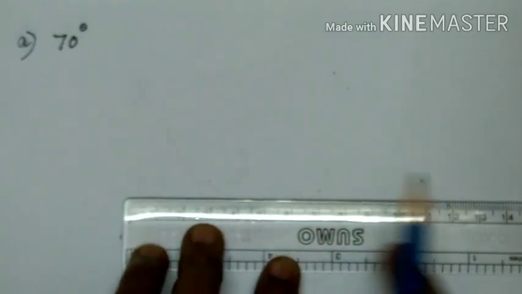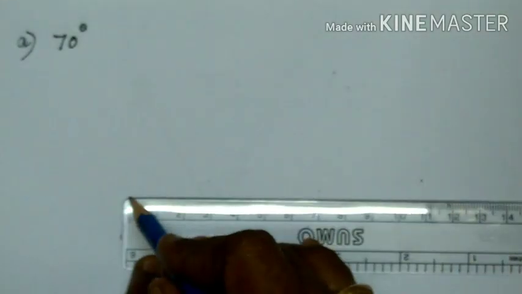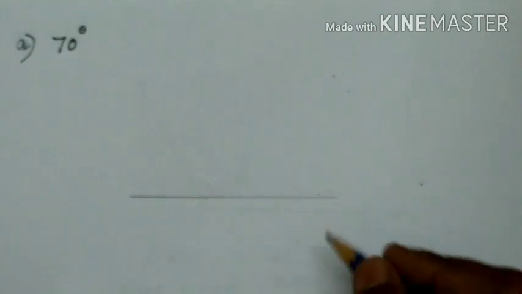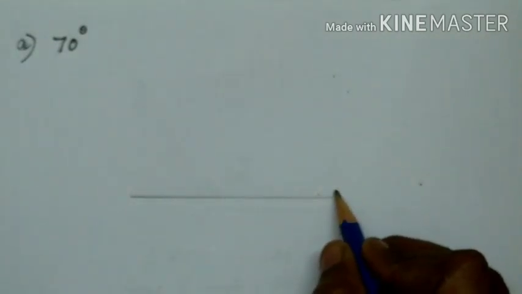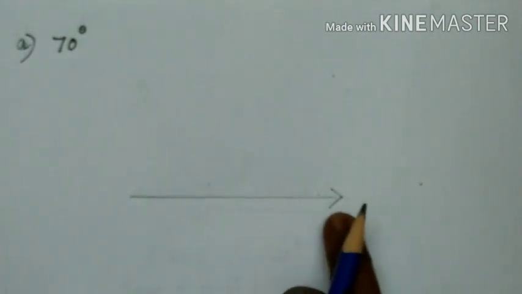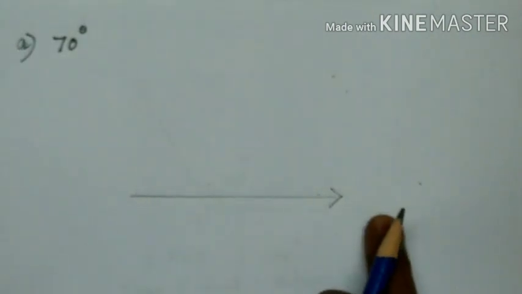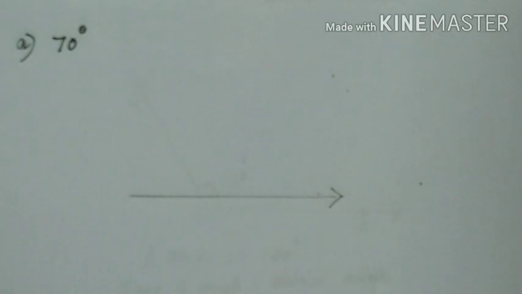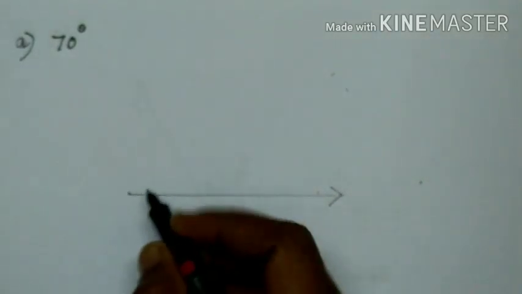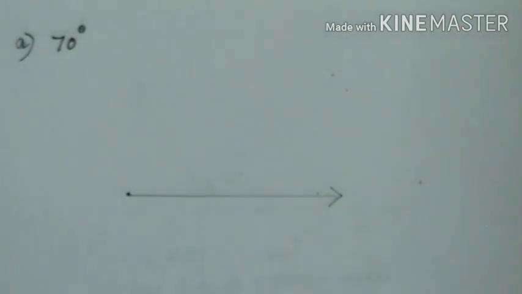Place the scale like this and draw a ray. And what is the next step? Put the arrow mark. So this is a ray, and this is the vertex of the angle.